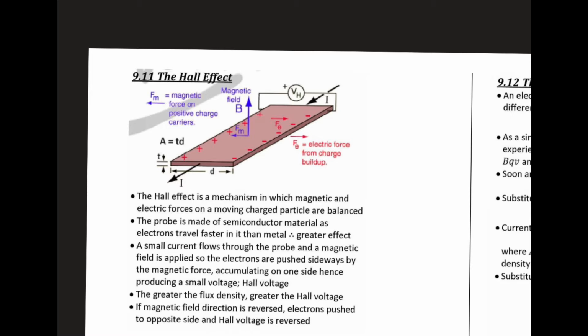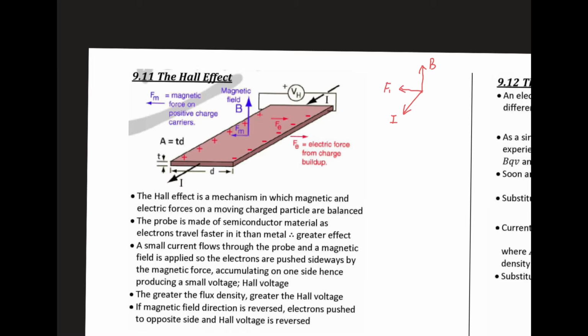So let us put it at the side here. Your current is here. Your B is up. So you have to use Fleming's left hand rule again. Then you will realize that your force is to the left, which is like this.